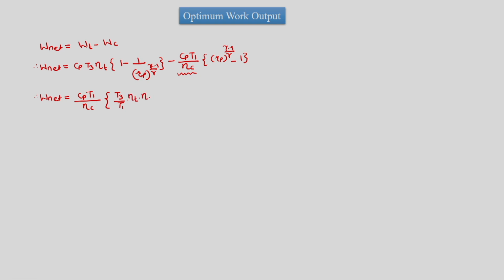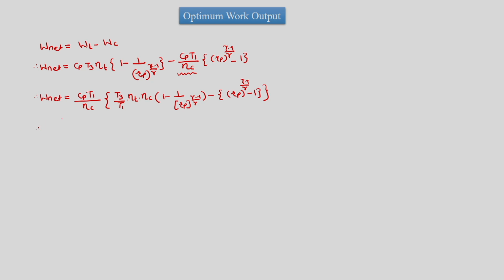Since we took eta c common, we have to write eta c into 1 minus 1 upon Rp raised to gamma minus 1 upon gamma, minus, in the bracket, Rp raised to gamma minus 1 upon gamma minus 1.